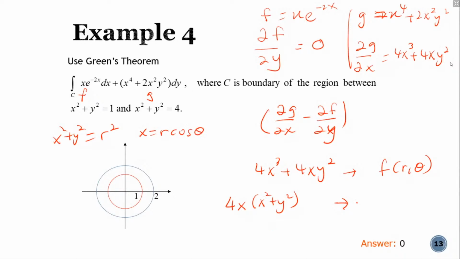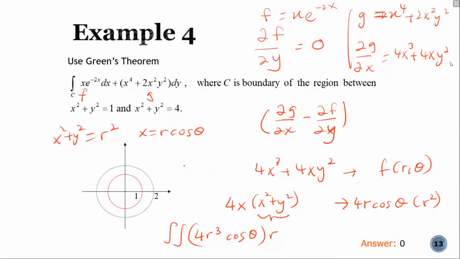So now you put 4 r cos theta, and this x squared plus y squared is equivalent to r squared. So this is the function that you need to integrate. You put in your double integral 4r cubed cos theta, and make sure to multiply with r.